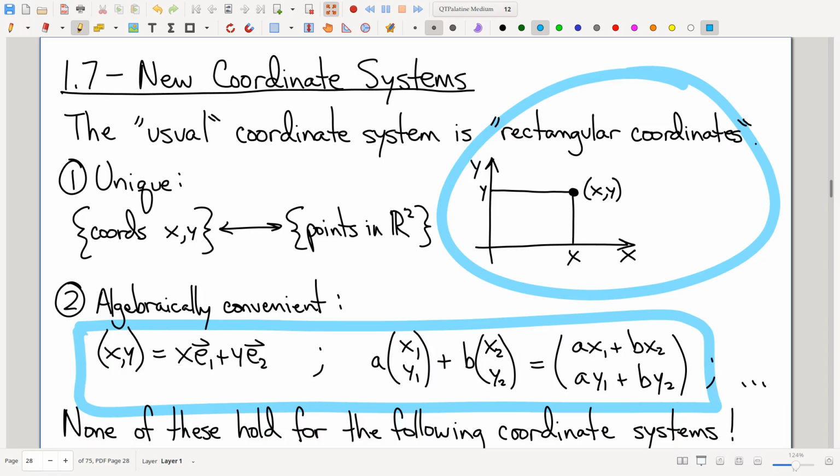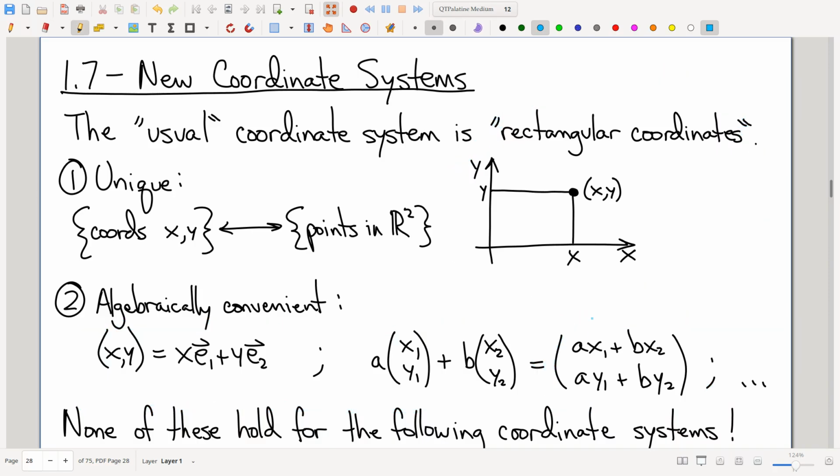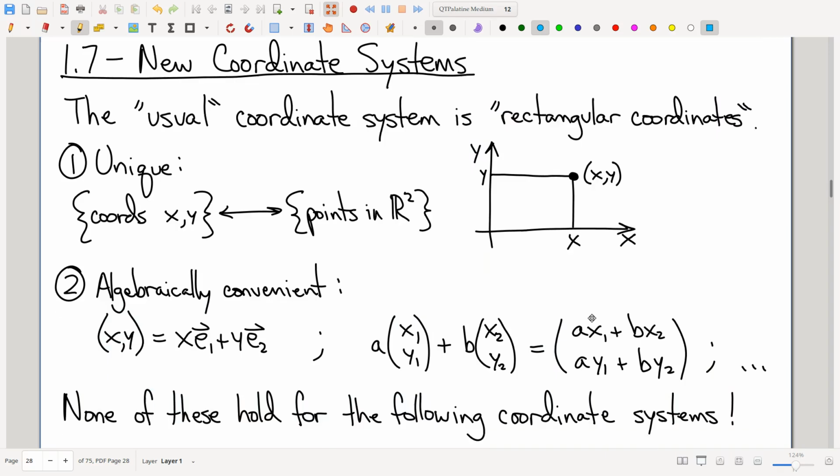It does not work in any other coordinate system we're going to do in this course. And then likewise, this cool linear combinations formula, if you want to do a linear combination of vectors, you can do it one coordinate at a time. It was really nice. That's an oddity of rectangular coordinates. So don't take too much for granted. We have to recognize what is, in fact, peculiar to rectangular specifically.